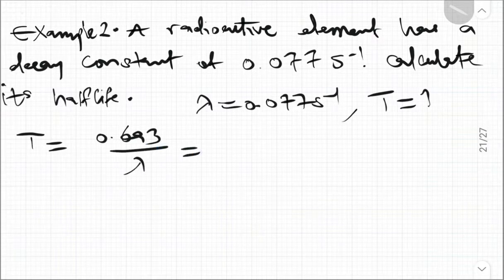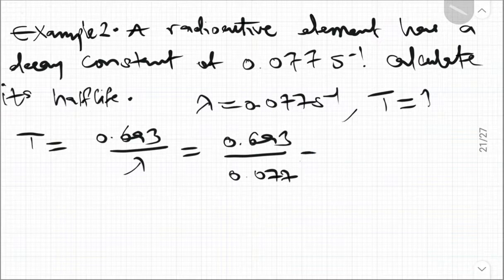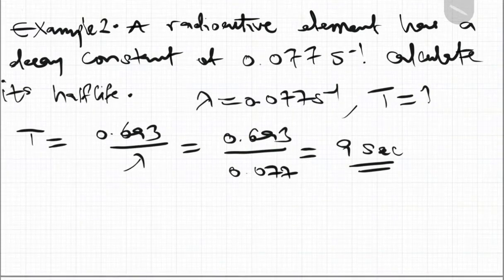So we plug lambda in, so we have 0.693 over 0.077, and this is going to equal 9 seconds.